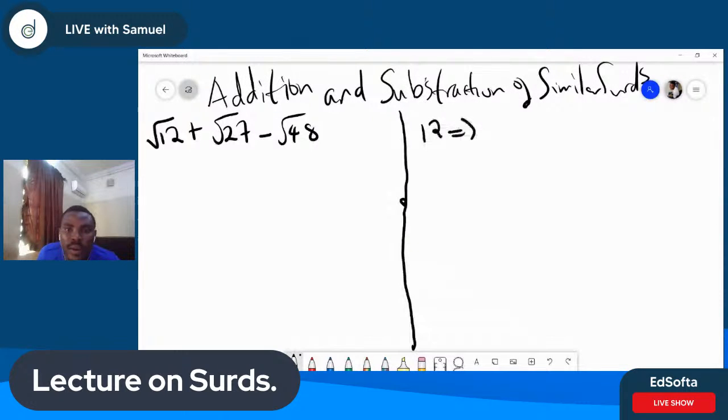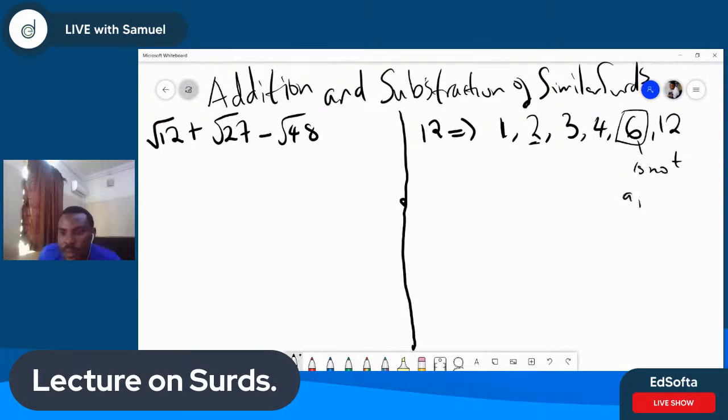What are the factors of 12? We have 1, 2, 3, 4, 6, and 12. We look at 2. What would 2 multiply to give us 6? We cannot use this. Why? Because 6 is not a perfect square.